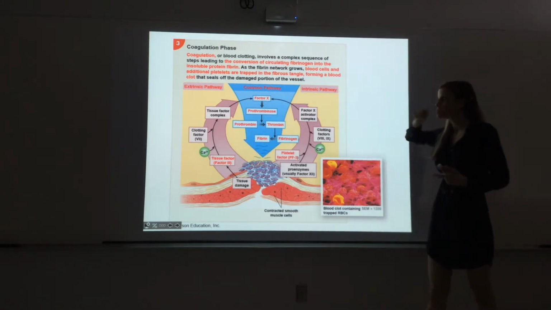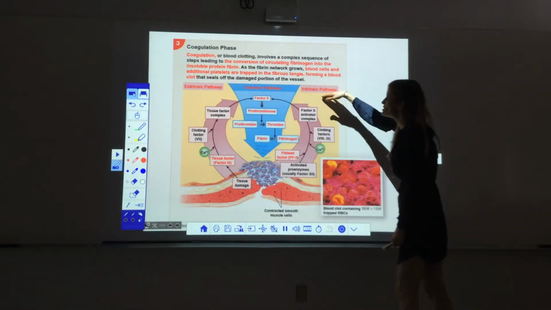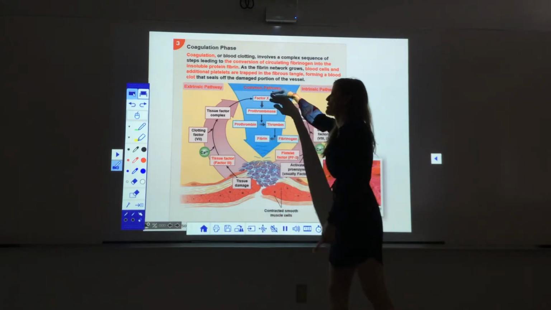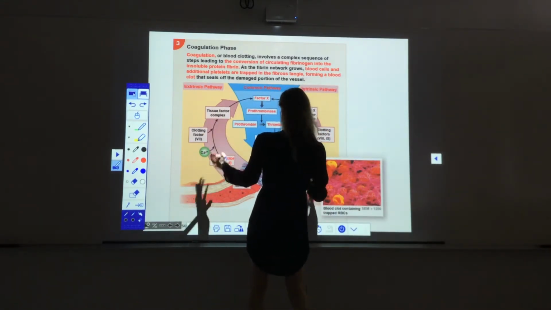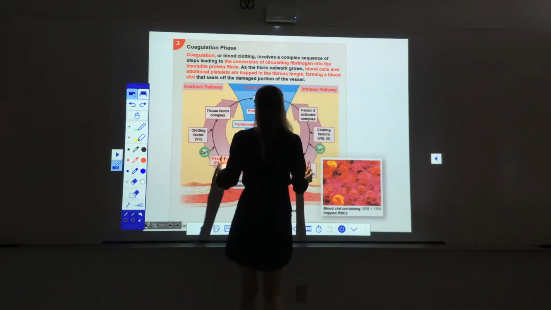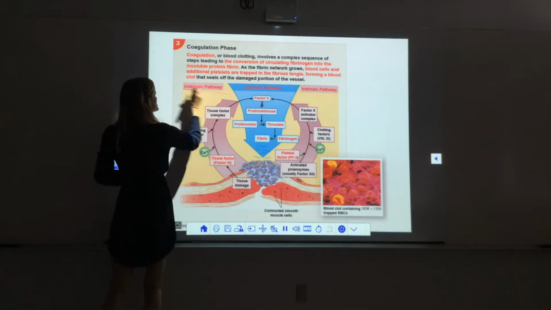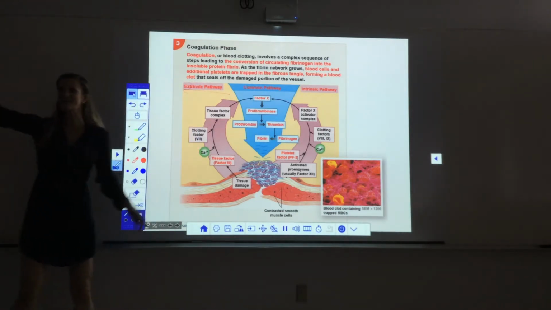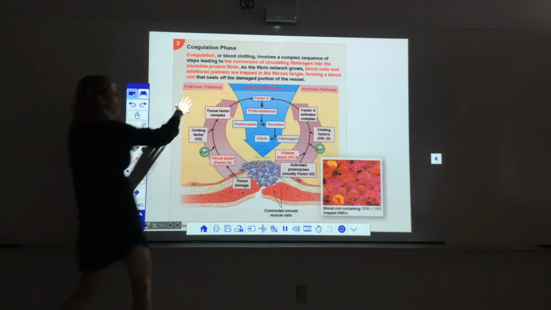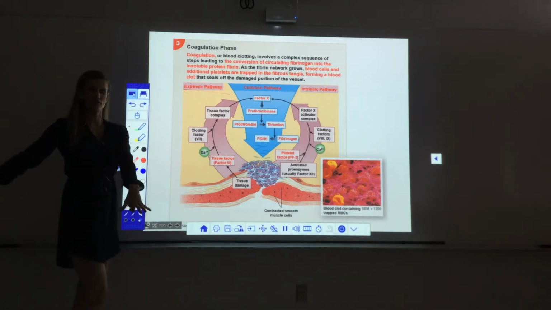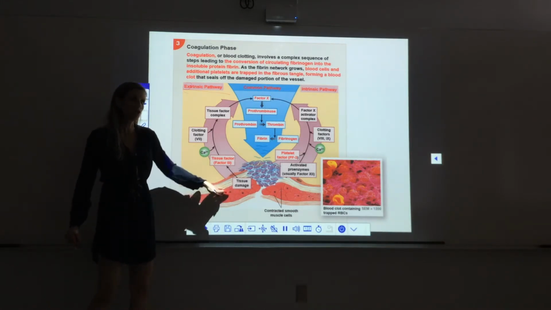So during the coagulation phase, we have the extrinsic pathway, the intrinsic pathway, and the common pathway. Okay, we start with the extrinsic and intrinsic pathway. They both kind of start at the same time, and they're both going to lead to the common pathway. Extrinsic, remember X, think like exit, right, or external, that's somewhere outside. So the extrinsic pathway starts outside of the blood, typically in the broken vessel, okay, the damaged tissue.